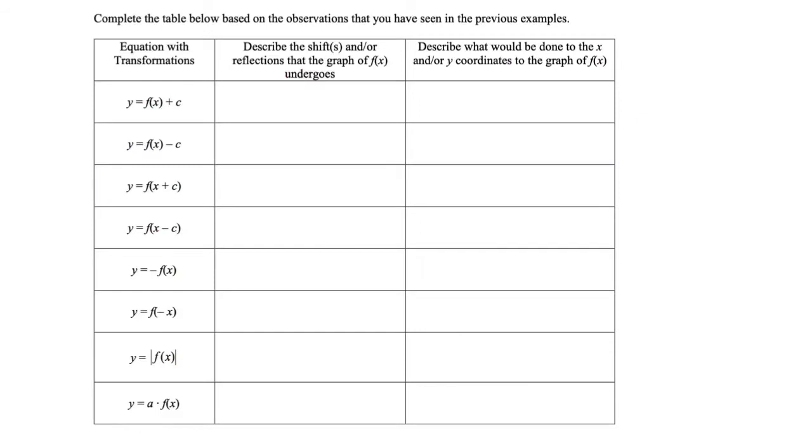Okay, this is going to be a good page for us to summarize all of the different motions and rules that we have for the functions. So notice that the first thing that we have is a plus c on the outside. So this is going to go up c units.